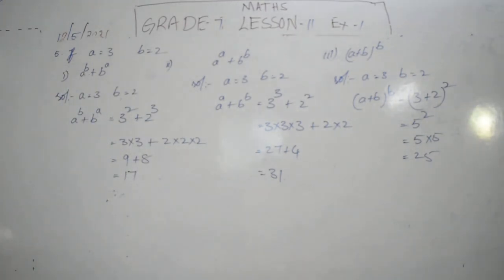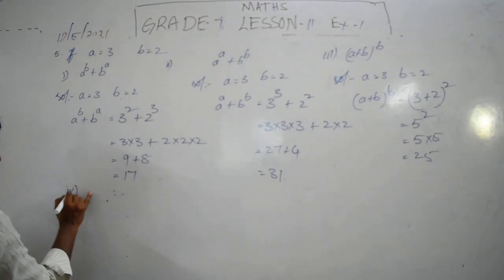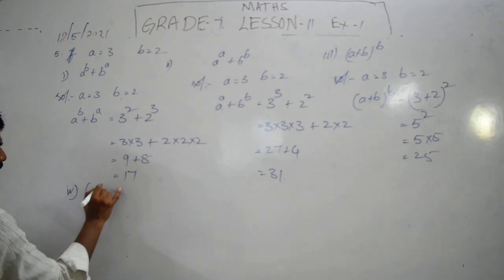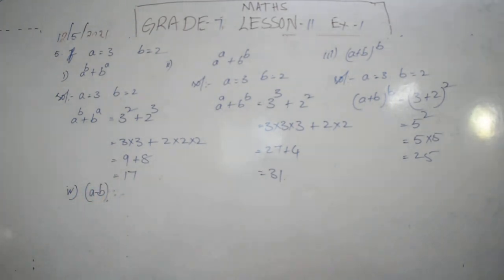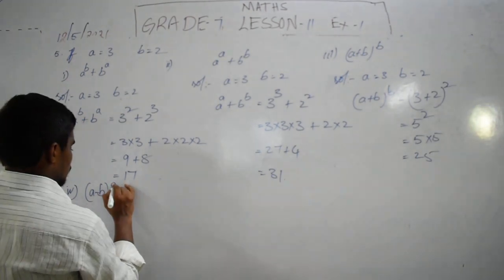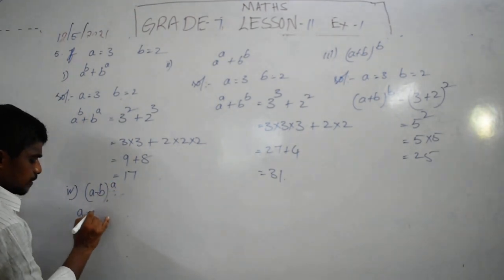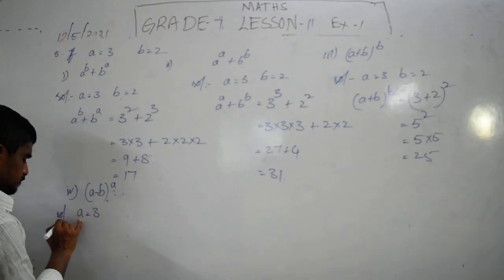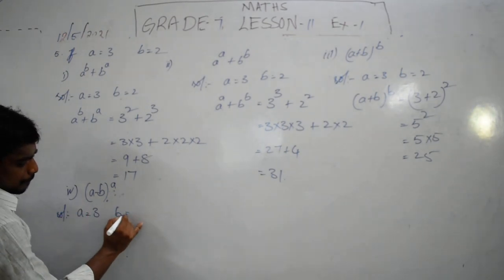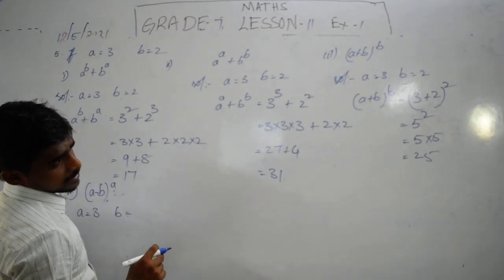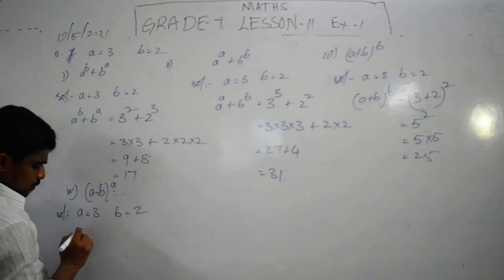Next one, where only minus is given, is homework. Like the fourth one: A minus B whole power A. We know A equals 3 and B equals 2. Just substitute everywhere.